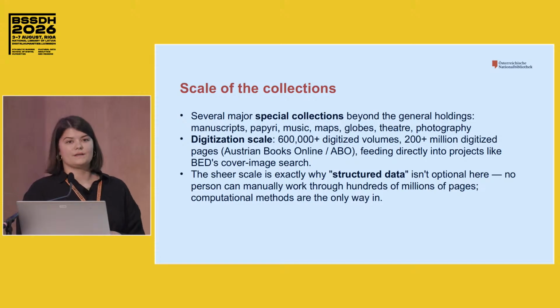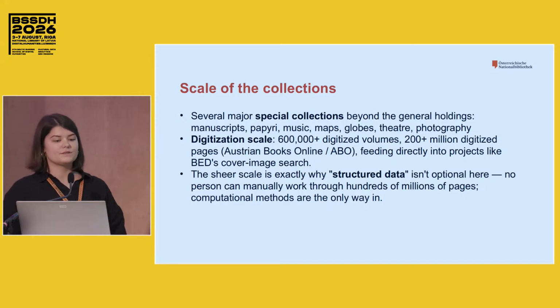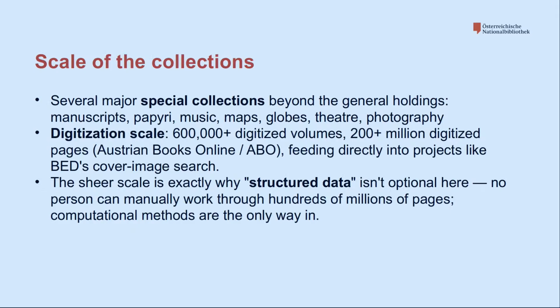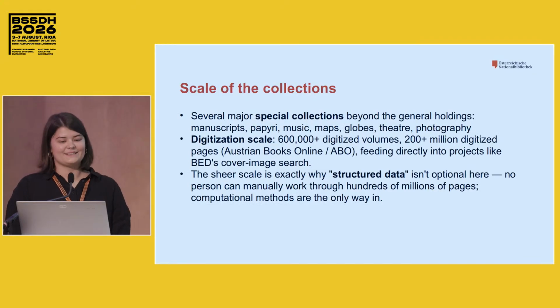But what is our collection actually? We have pretty broad collections. Starting off with papyrus and also music notes, reaching over to globes. So we have a really big scale actually, which makes the digitization pretty hard, let's say it like that.